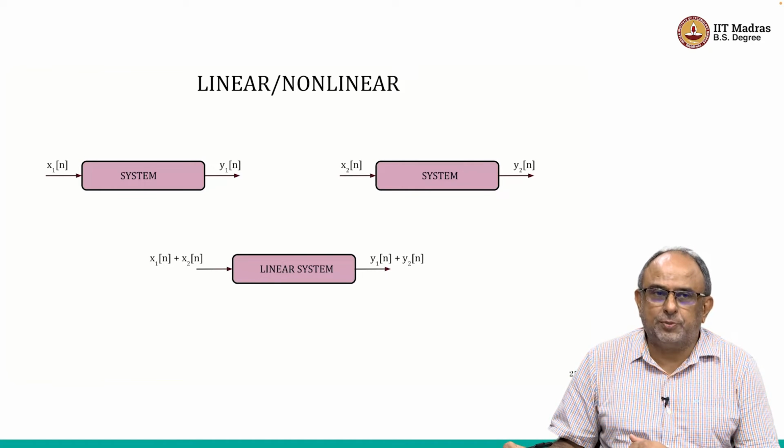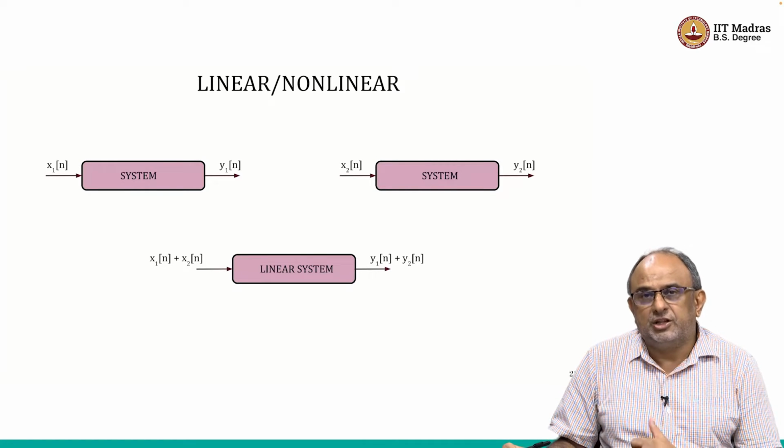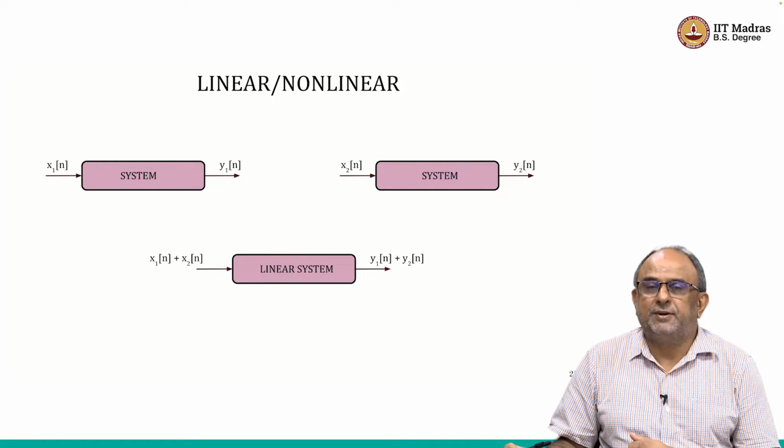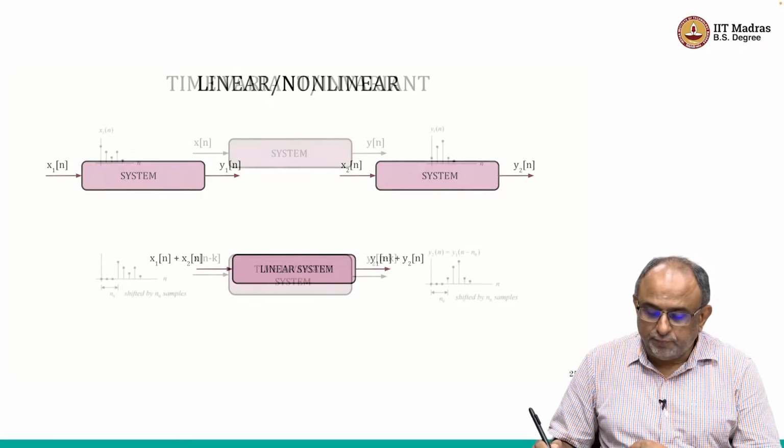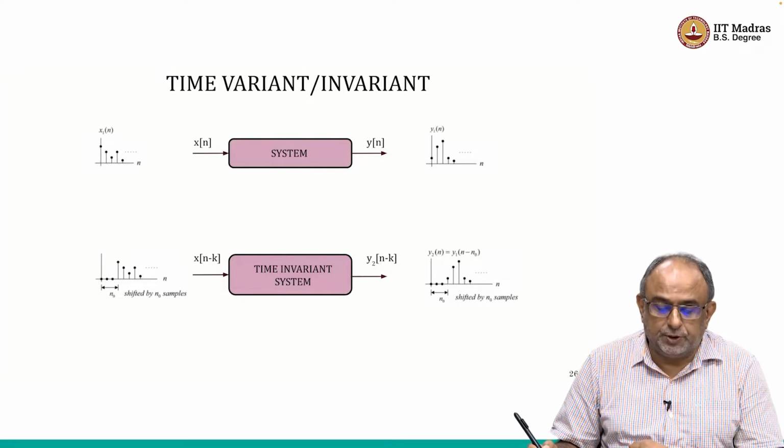And then we have the other property, the homogeneity property, where if I multiply by a scalar, it can be a complex scalar, the output also should be multiplied by the same scalar, okay. That is called the linearity property.